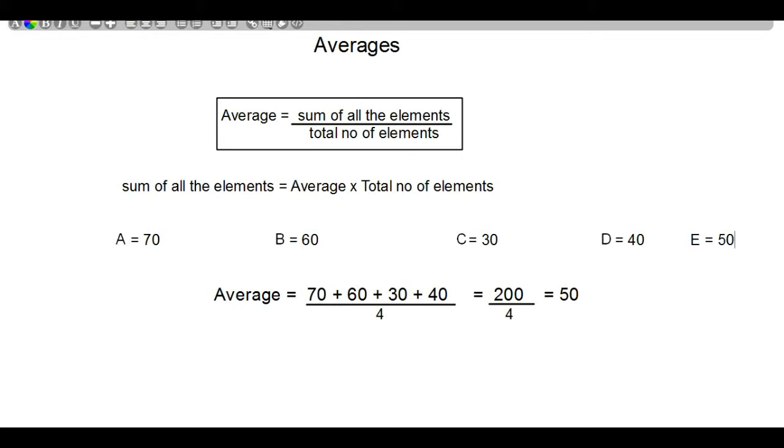As we have already learned that average is an equal distribution, we know that the equal share for each of these four persons is 50 rupees. And now a fifth person, E, wants to join the group who has got 50 rupees. So as you can see, there is no change in the distribution of equal shares, as E also has got 50 rupees, which is the share of all the four persons.